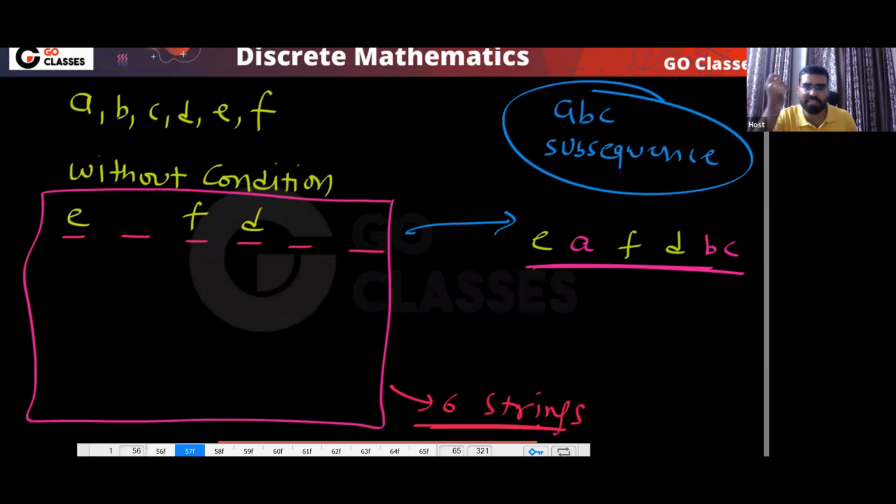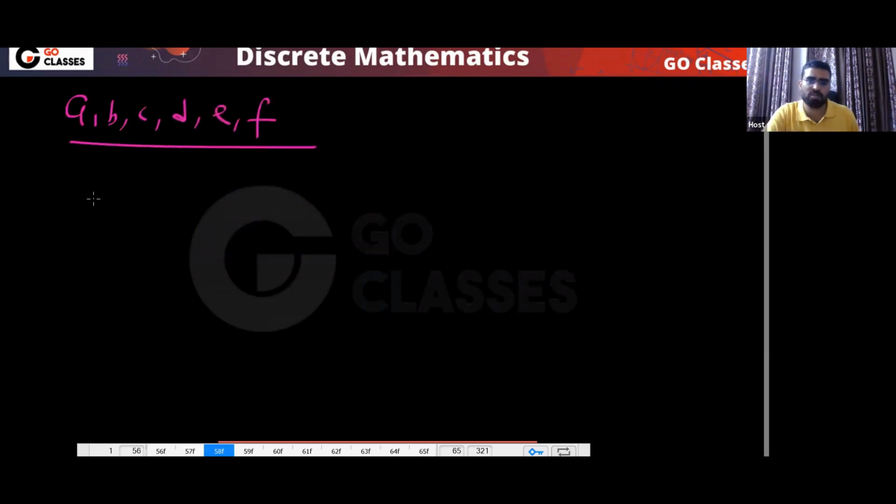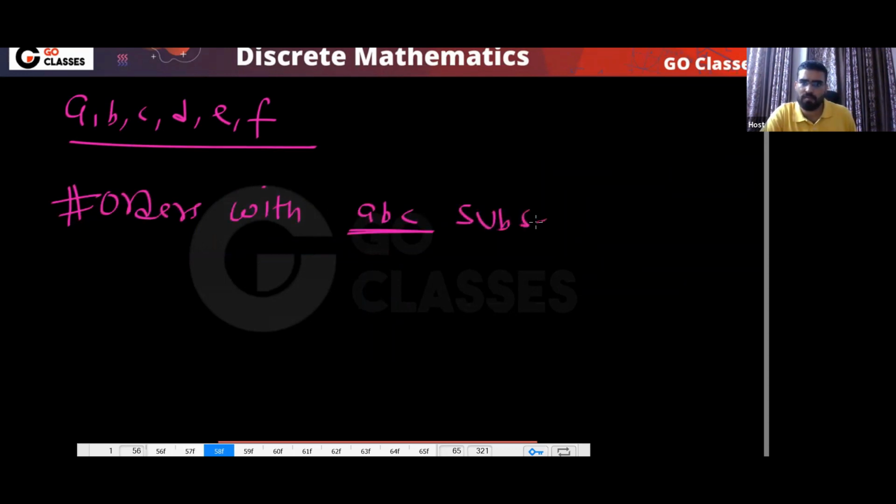So finally, what can I say? I can say the answer will be: if you want the ABC subsequence, then how many strings with the ABC subsequence? The number of orders with the ABC subsequence will be 6 factorial divided by 6, or I can say that will be 3 factorial.